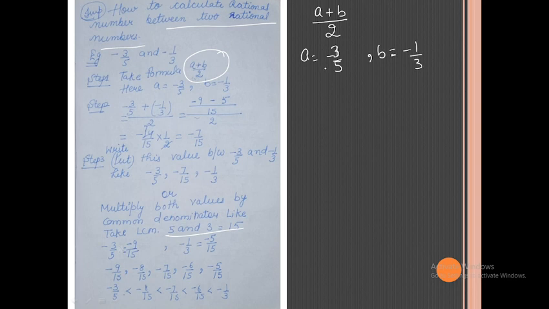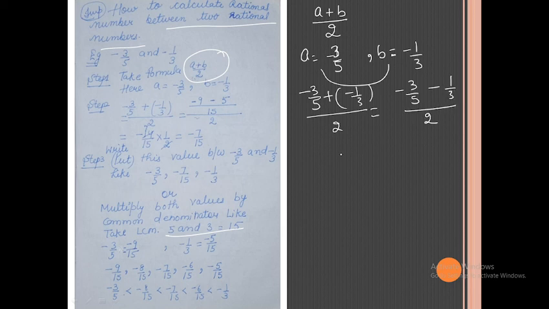Now we want to calculate more values between these two values. For this, minus 3 by 5 plus minus 1 by 3, divided by 2. Take LCM 15. Now 3 fives are 15, so minus 9, and 5 threes are 15, so minus 5.